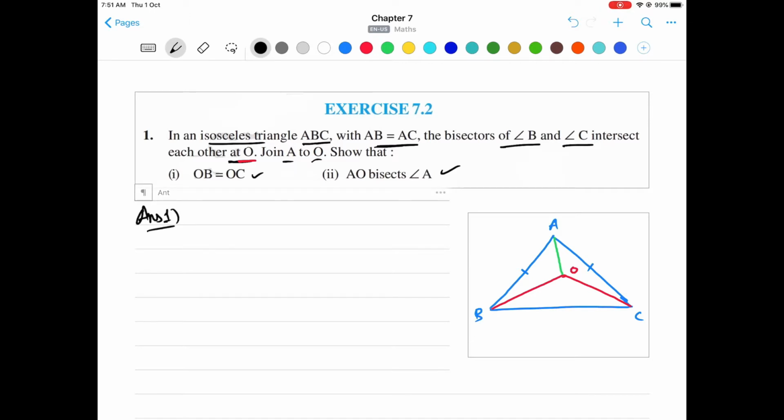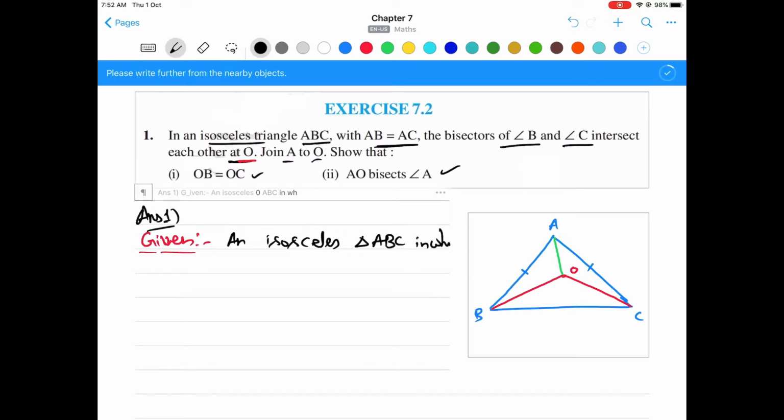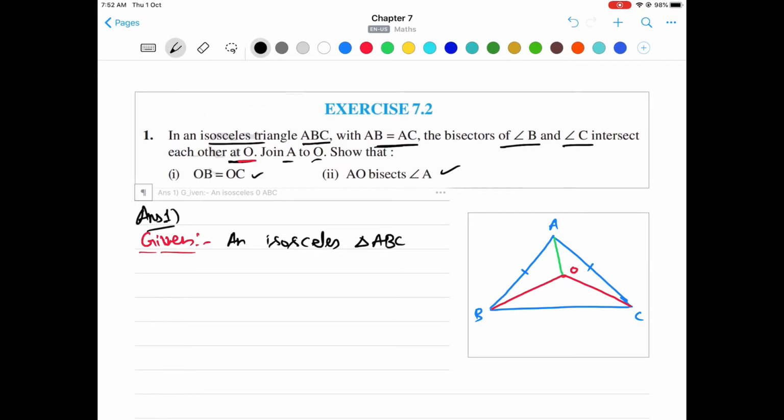The first thing that we are going to write is the given portion. The first thing that is given to us is an isosceles triangle ABC. So I'll write: given is an isosceles triangle ABC in which AB is equal to AC.